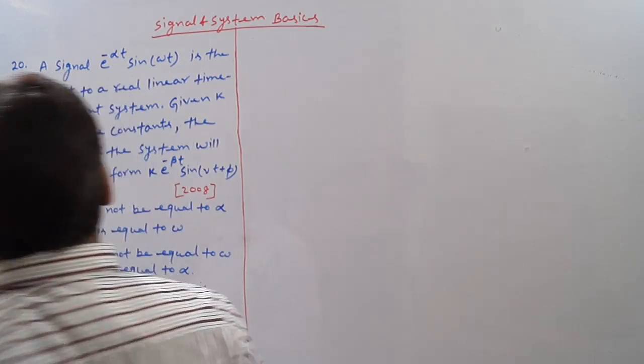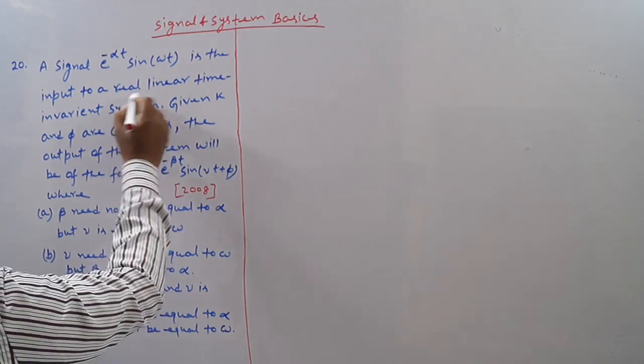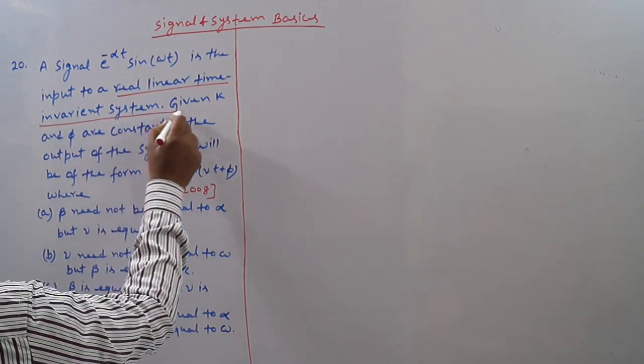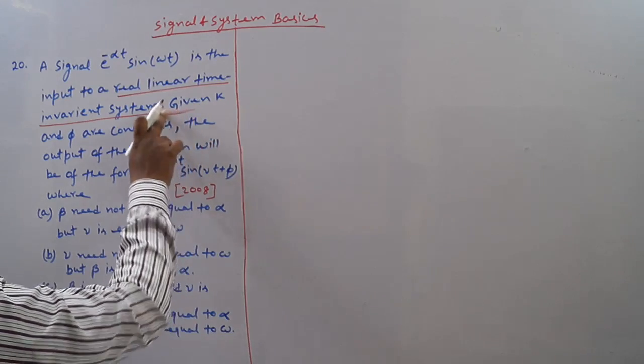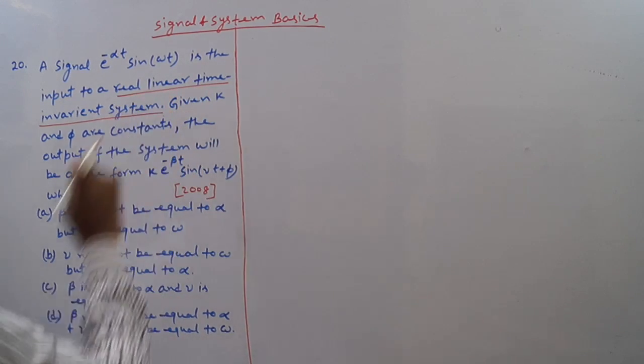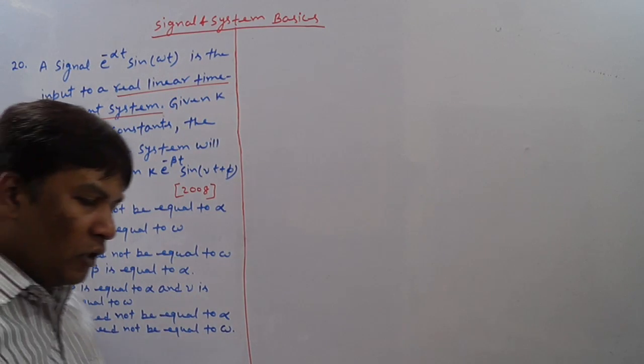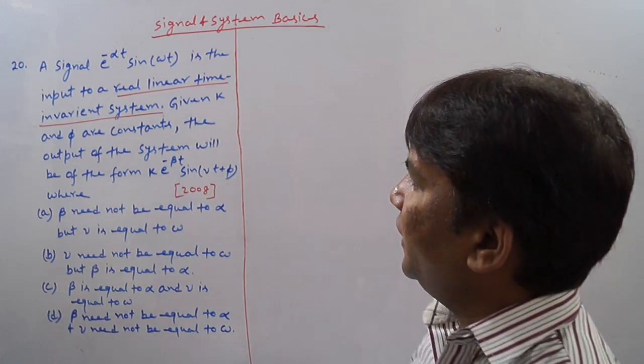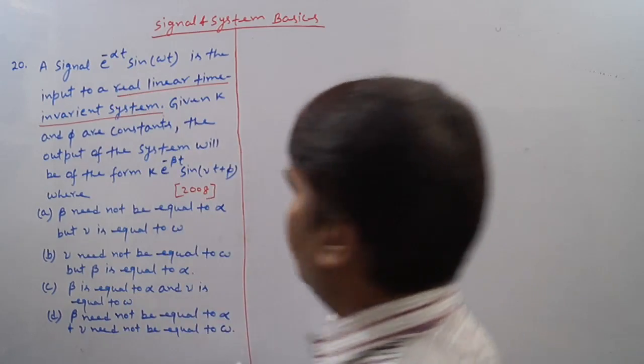It is given that the system is a real linear time invariant system. So for the system to be time invariant, what we need? Suppose this is x(t).